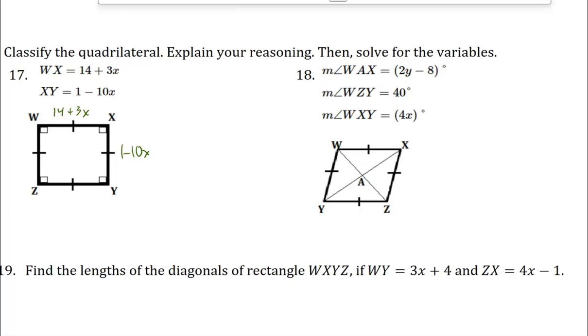So if it is both, then we have a square, both equilateral and equiangular, or both a rhombus and a rectangle. Okay, so we're going to say WXYZ is a square, and I'm going to say it's equilateral and equiangular.